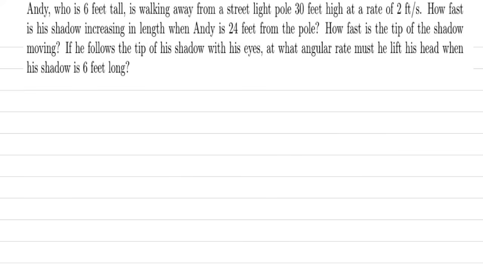Again, when answering a related rates problem, what we're going to do is draw a diagram of the problem. So let's start. Andy, who is 6 feet tall, is walking away from a street light, so there must be a street light. Okay, so this is the street light.